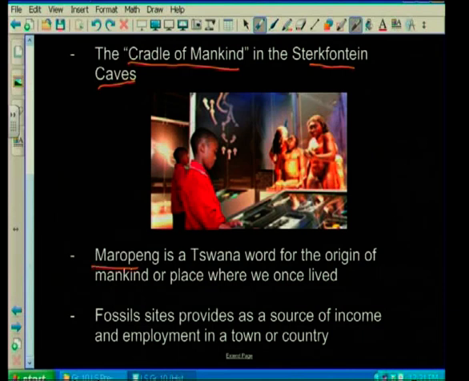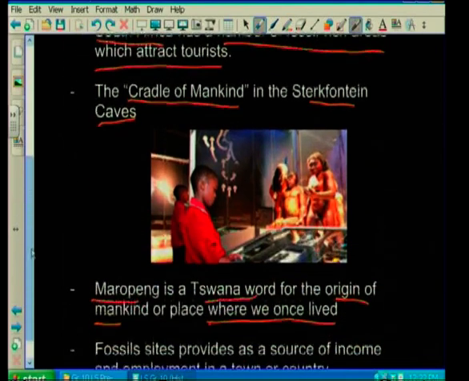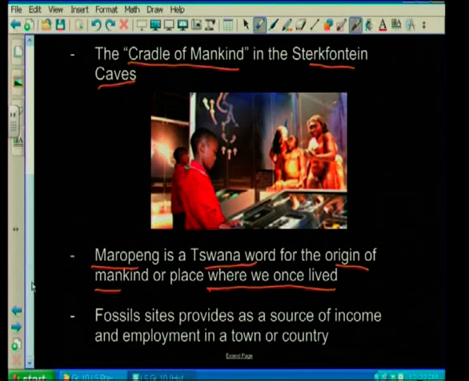Maropeng, which is also called the Cradle of Humankind, is a Setswana word for the origin of mankind, or where we once lived. So this tells you that a rich amount of fossils are found in the Sterkfontein Caves, and our primates were found there at the beginning. That's where we once lived. That's why it's called Maropeng. The fossil sites provide a source of income and employment in a town or country.